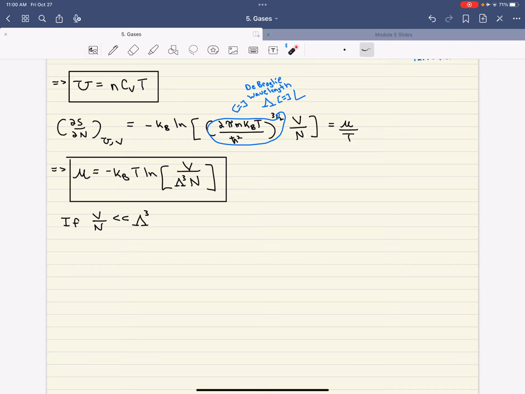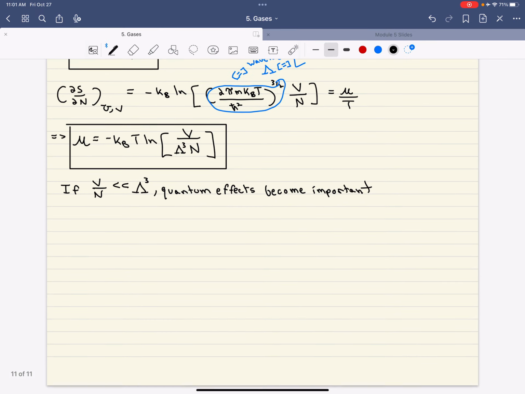This will go towards negative infinity, or since you're multiplying by a negative here, your chemical potential will skyrocket towards infinity. Essentially you reach a singularity in your chemical potential calculation. The model breaks down, and the models that we developed here aren't sufficient for describing the system. Instead, you need to account for more complicated quantum mechanical effects. That's outside the scope of this class, but I just thought I'd mention it.